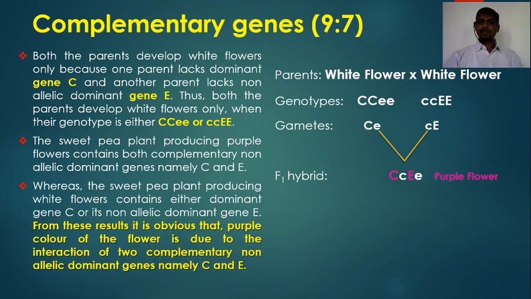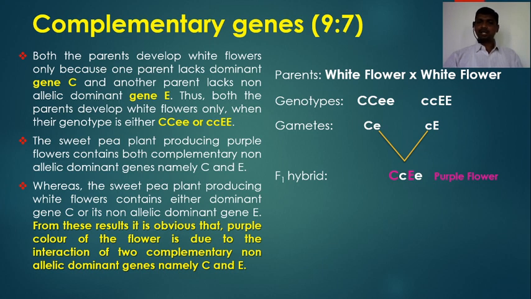Whereas the sweet pea plant producing white flowers contains either dominant gene C or its non-allelic dominant gene E. So from these results, it is obvious that the purple color of the flower is due to the interaction of two complementary non-allelic dominant genes, namely C and E.